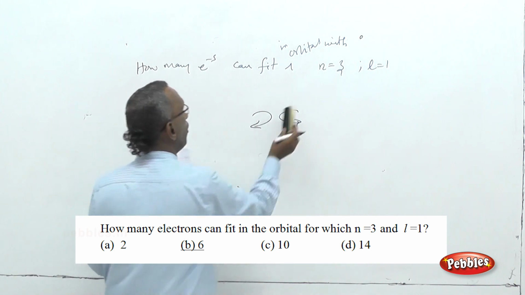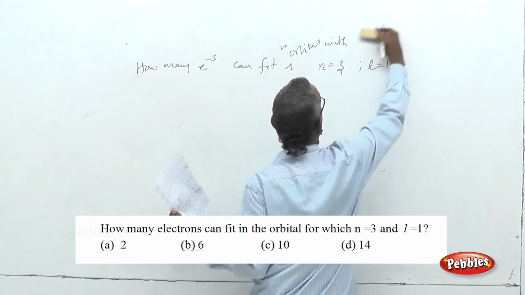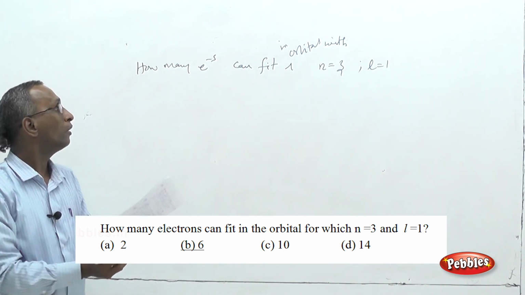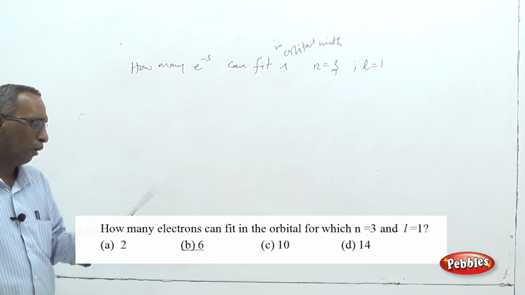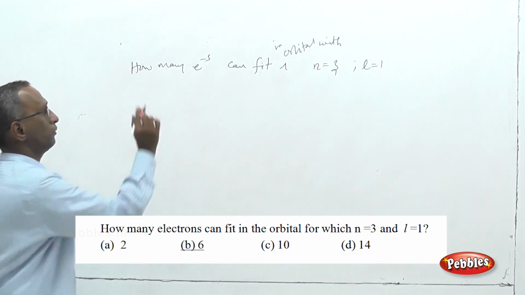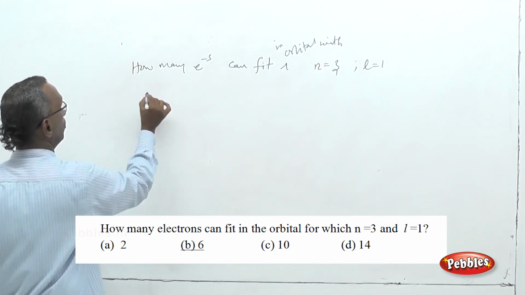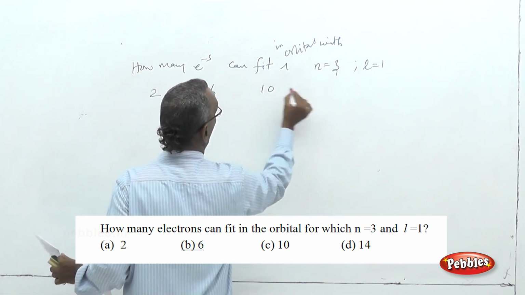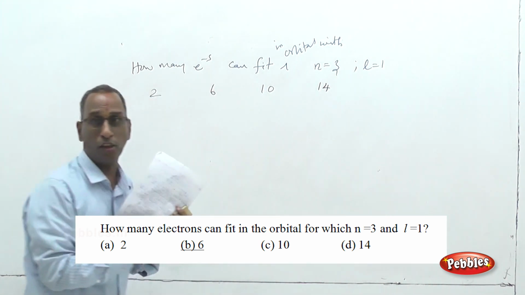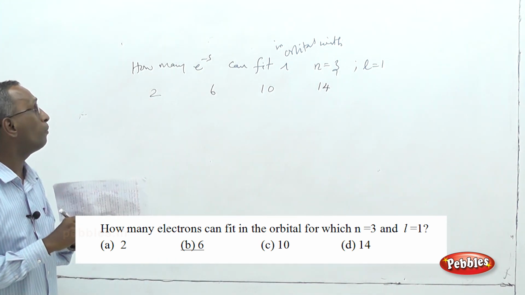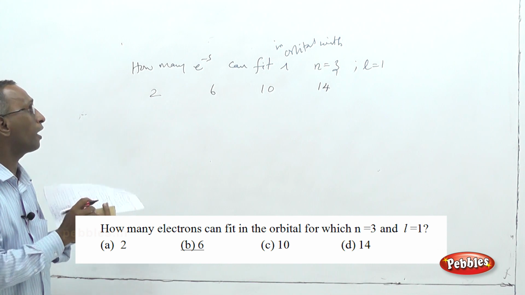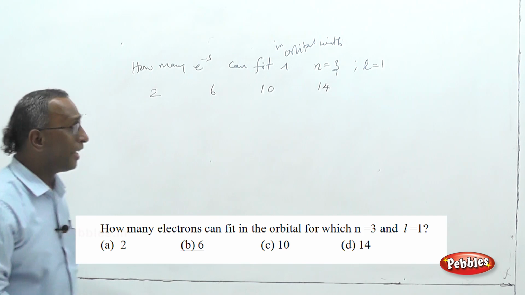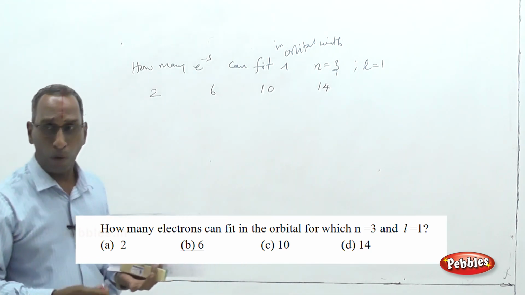There are 4 choices given: 2, 6, 10, 40. So the question asked is how many electrons can fit in an orbital with n equal to 3 and l equal to 1.